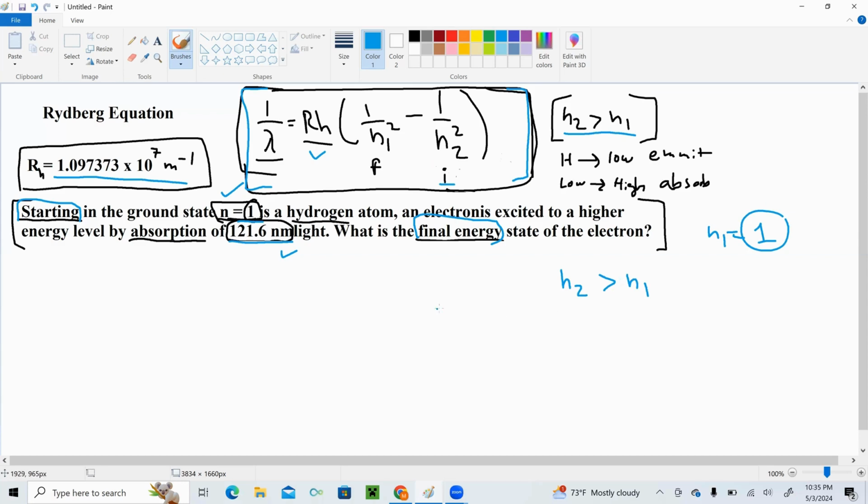Another way to see it is, for example, you see here final minus initial. In this case, we're starting here and we're going somewhere, so we want to find the final. From our point of view, we're moving this way.